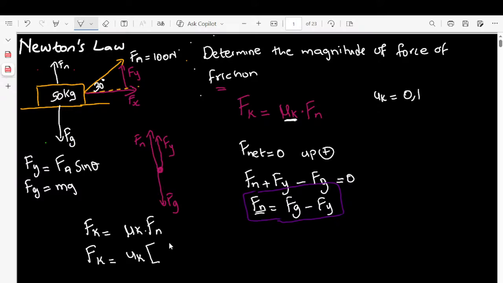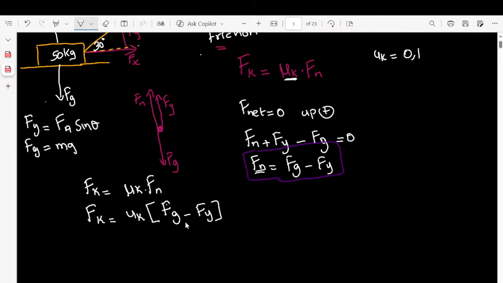Inside the bracket, we need to put our Fg minus Fy. Inside the big bracket, that's what we need to put. But remember, we know that this is Uk, this will be Fg, which is my Mg, minus, we said Fy will be F applied times the sine of theta.